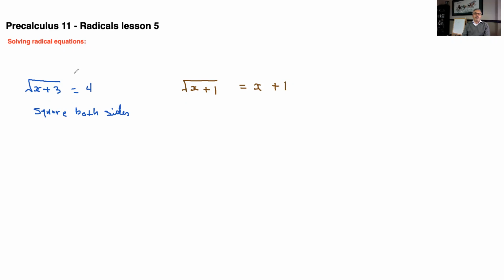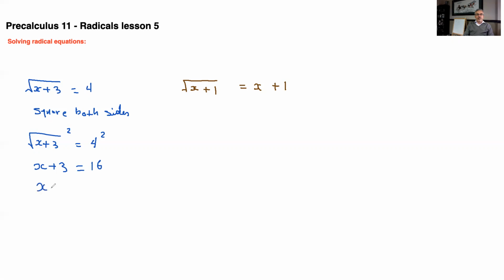And if I'm squaring both sides, the square always cancels the square root because they're opposite of one another. So you'll end up with x plus 3 here, and this will be 16. And then just algebra from there.